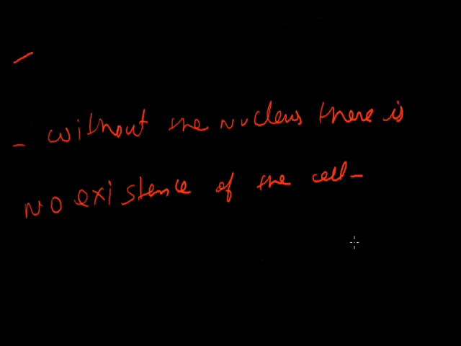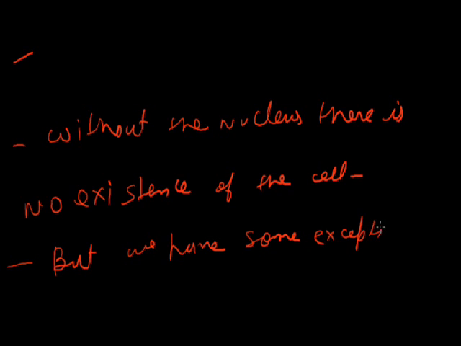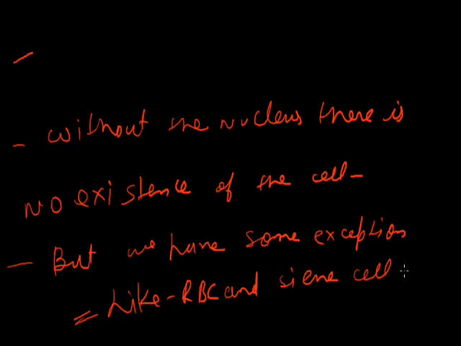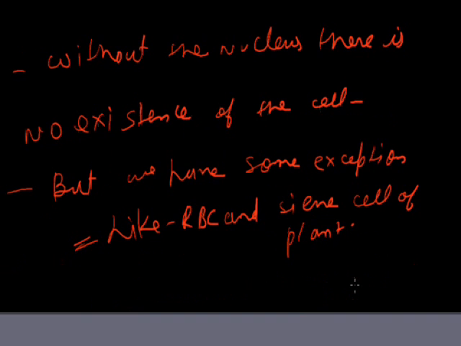This is very important, that without the nucleus there is no existence of the cell, but we have some exceptions, like RBC and seed cell of plant, and later on we will deal with the reason why they are surviving.